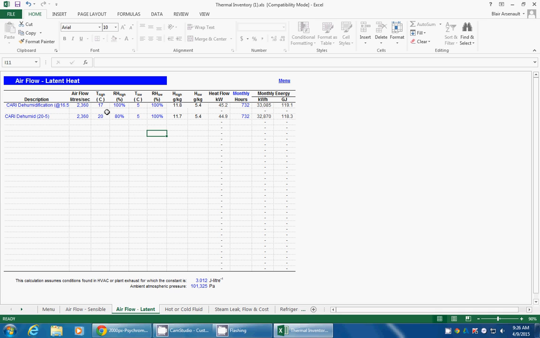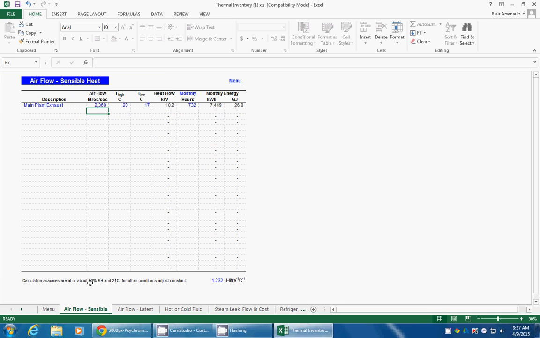Yeah, but I don't think... How can that be sensible if we're not factoring in humidity? I think that's the difference. The sensible heat is saying it's staying at the same humidity.